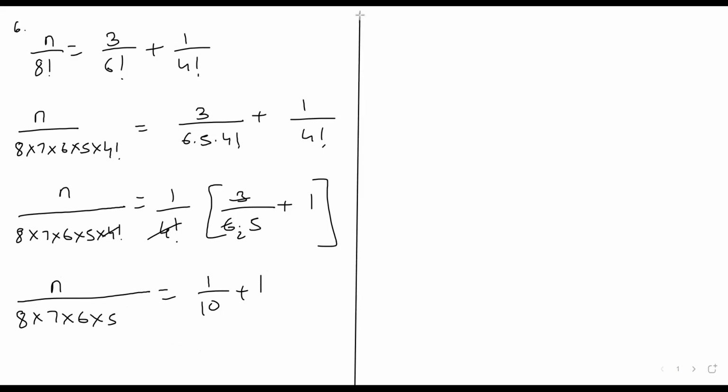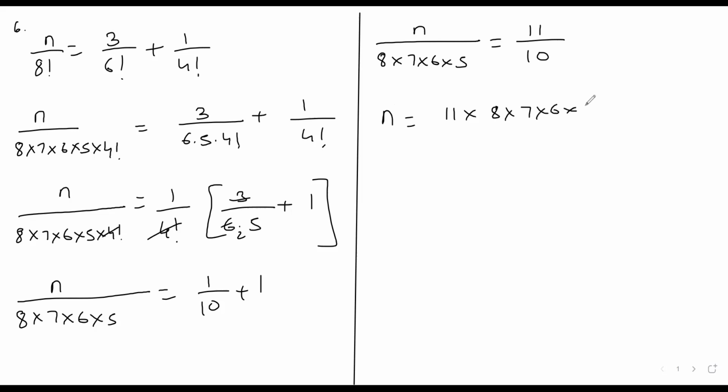So I can further write this as n upon 8 into 7 into 6 into 5 is equal to 11 by 10. So n will be 11 into 8 into 7 into 6 into 5 upon 10.